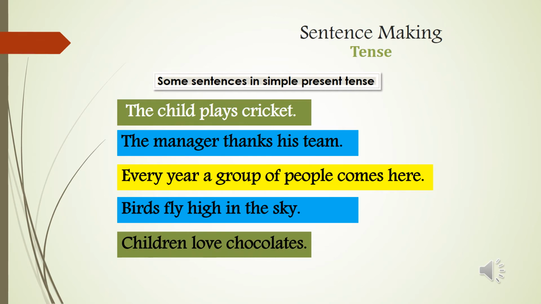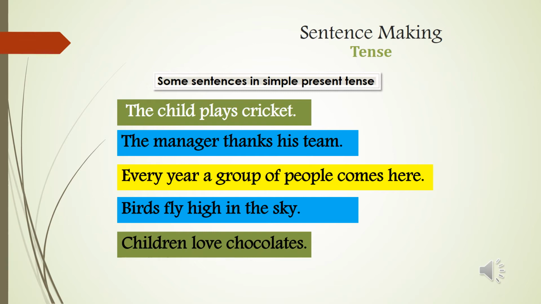Now let's look at some sentences in simple present tense. The child plays cricket. Child is third person singular number. So plays. The child plays cricket. The manager thanks his team. Every year a group of people comes here. A group of people, a group, singular number. So every year a group of people comes here.